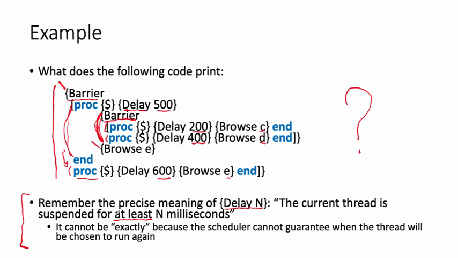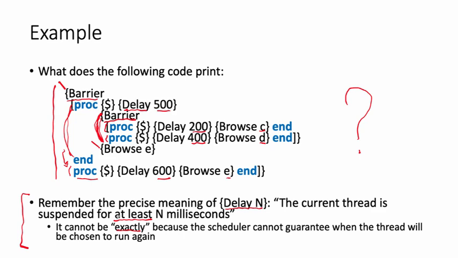It could be n or more, because it cannot be exactly n, because the scheduler cannot guarantee, after the thread is runnable, when it will actually choose that thread. There might be other things going on, okay? So all we can say is that it's at least. But most of the time it will be very close to it, but not guaranteed.